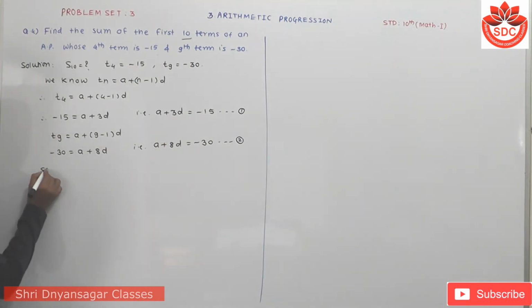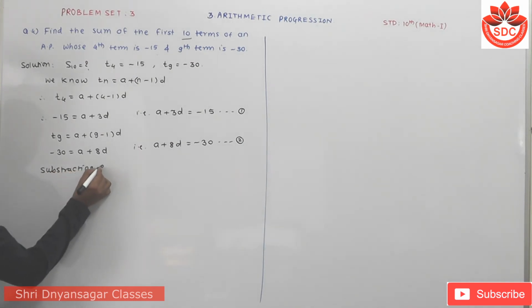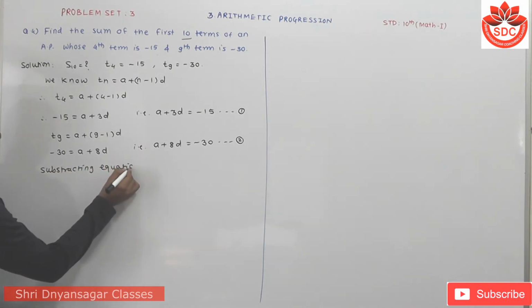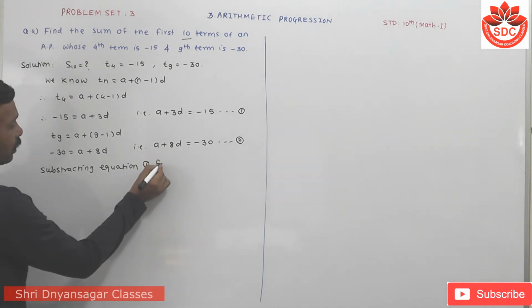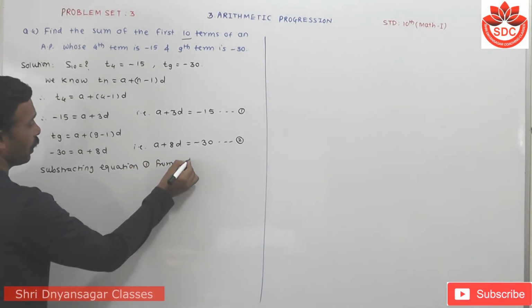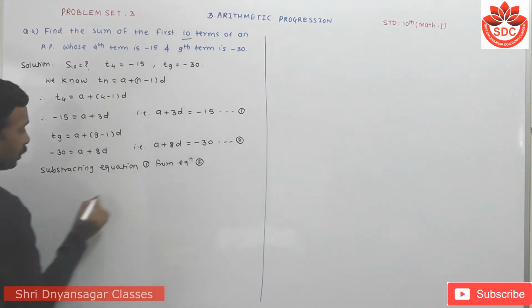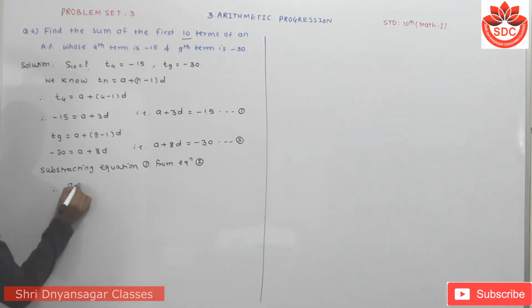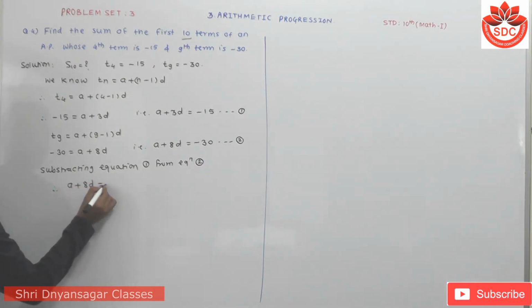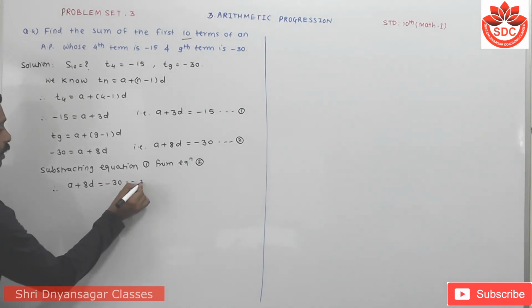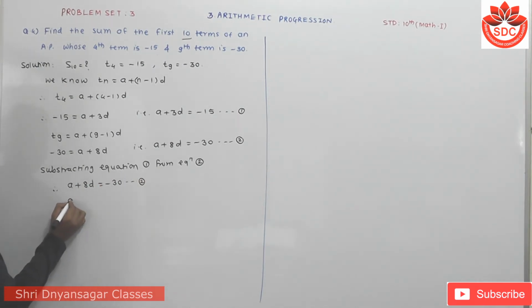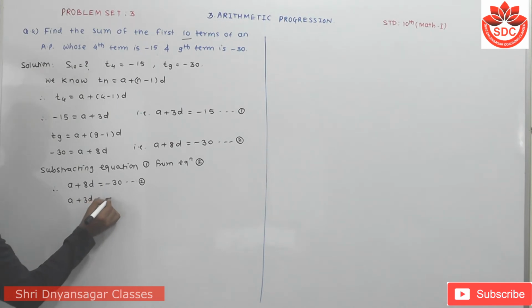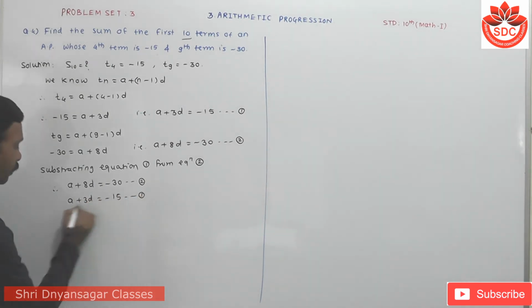So subtracting equation first from equation second. Equation second is a plus 8d is equal to minus 30. Then a plus 3d is equal to minus 15, equation first.